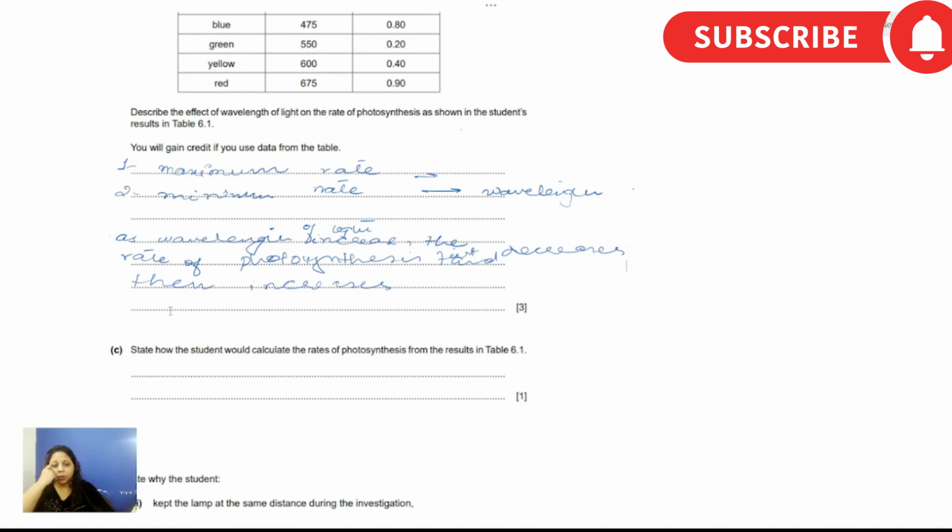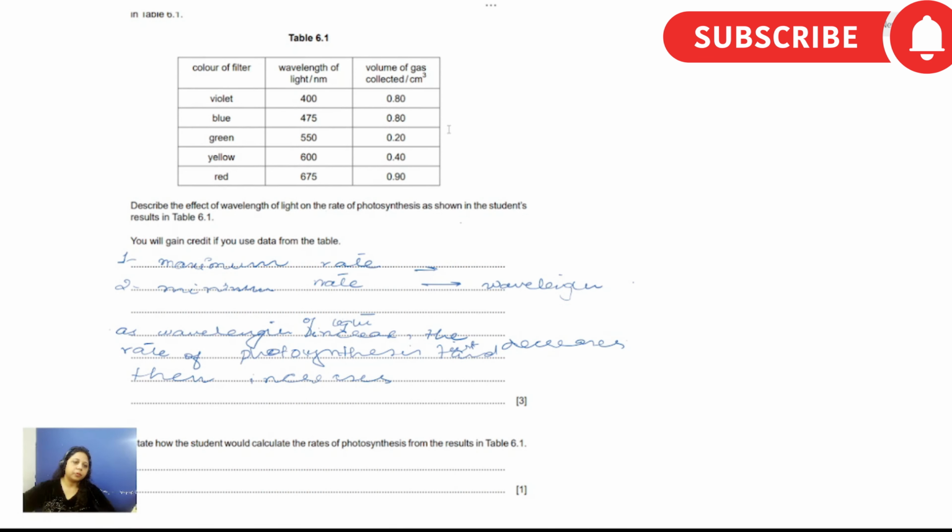State how the student would calculate the rate of photosynthesis from that result. How to calculate a rate. Have you learned that in chemistry yet? How to calculate the rate of reaction? Not yet? Okay, so the rate of reaction is basically the change in the product or the change in the mass of reactant.